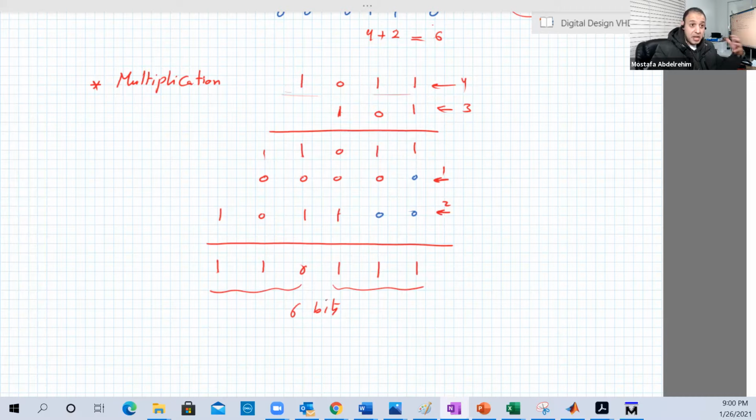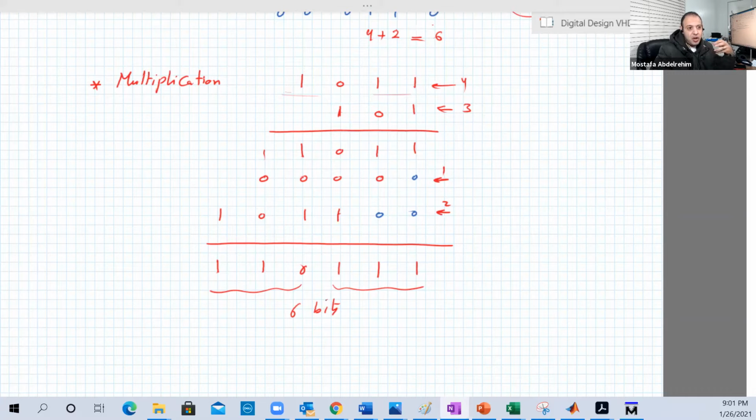So basically we see in this small video how to do addition, subtraction, and multiplication. We don't have a problem in the addition or multiplication flow. This can be implemented easily in hardware, as we will see in the course. But we have a problem with subtraction.